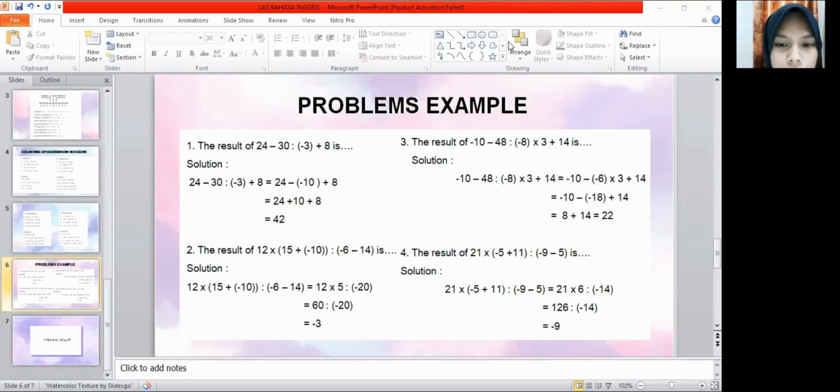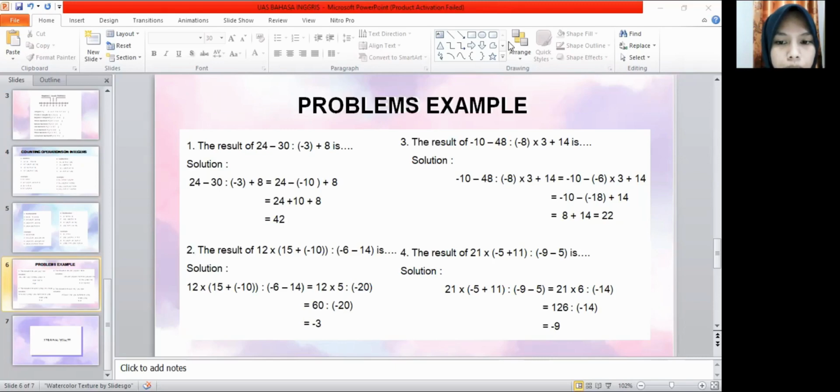Number 4, the last. The result of 21 times negative 5 plus 11 divided by negative 9 minus 5 is?